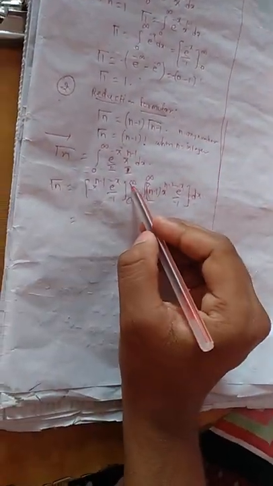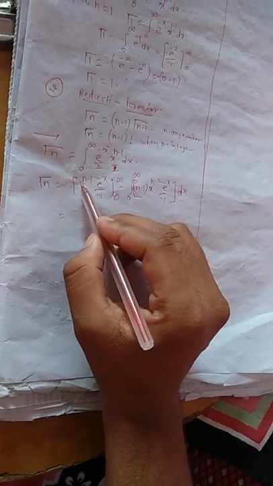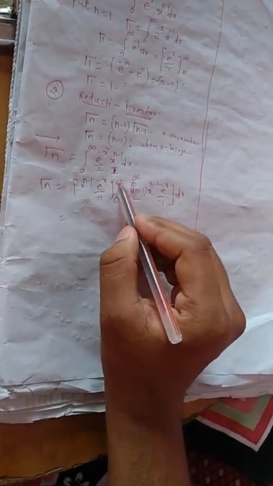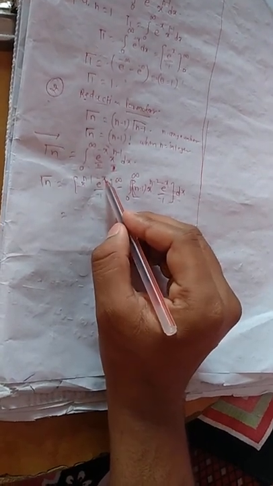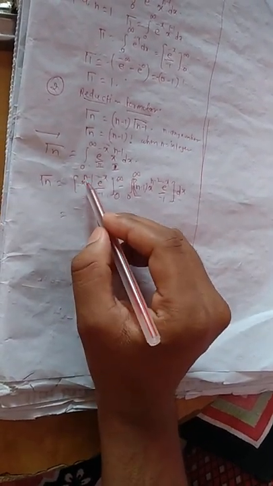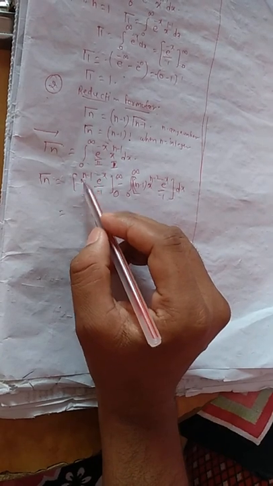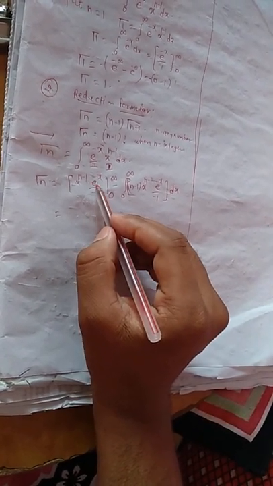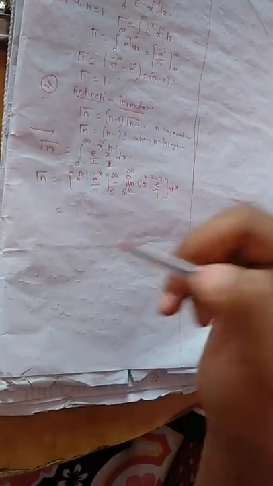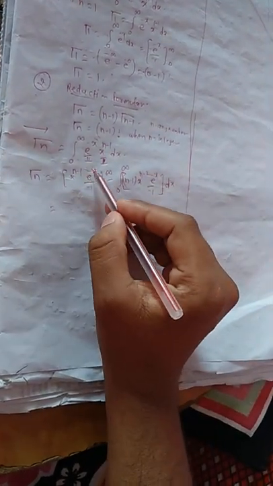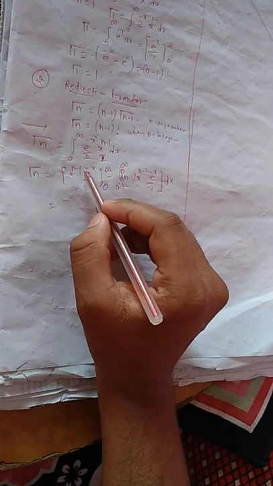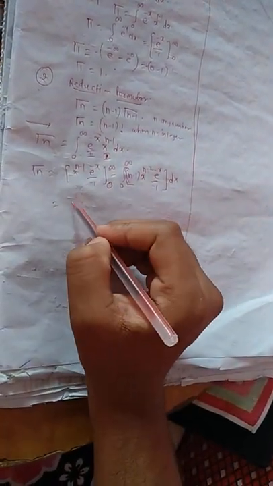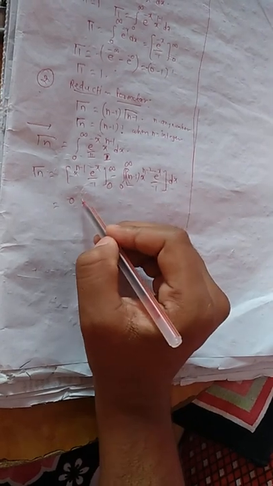Now here we are putting the upper limit and then the lower limit. For the upper limit, e to the power minus infinity becomes 0, but x raised to n minus 1 is infinity, as e to the power minus infinity goes to 0 much faster than x raised to n minus 1 goes to infinity, hence the product will be equal to 0. Fine.